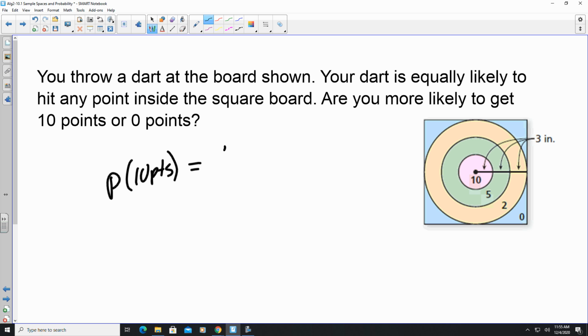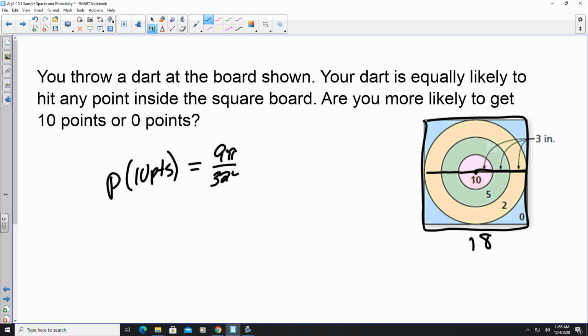So it's going to be 9 pi, because 3 squared is 9. Now for the area of the board: since this is 3, this is 6, this is 9, that means this is 3, 6, and 9 also here. So this makes this 18. Since it's a square, 18 times 18 is 324.